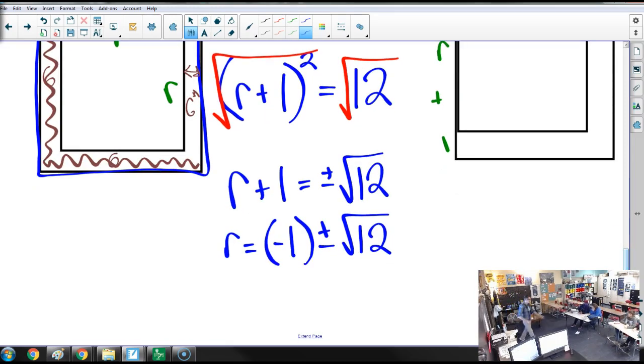Now this again is where we're going to use your calculator as a hack. Type in exactly what I have here. Negative, well you don't even need the parentheses around the negative. But -1, then just hit plus radical 12. Hit enter, and you get 2.464.